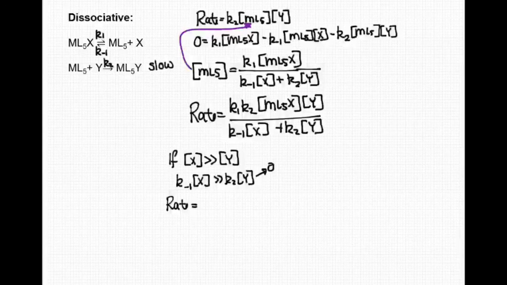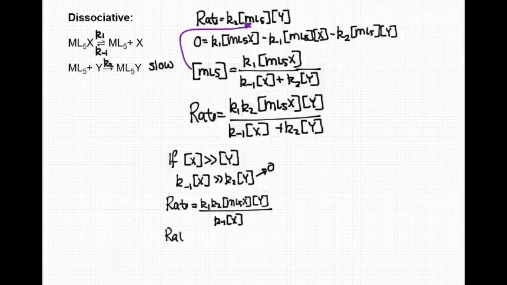And so we can rewrite the rate law as K1 times K2 times ML5X times Y divided by K-1 times X. So you'd get a rate law where you have K observed, all those rate constants together, times the concentration of the starting complex times the incoming ligand divided by the concentration of X. So what this means is that the rate will get faster if you add more complex or more incoming ligand, but you can slow down the rate if you add a whole lot of the leaving ligand.